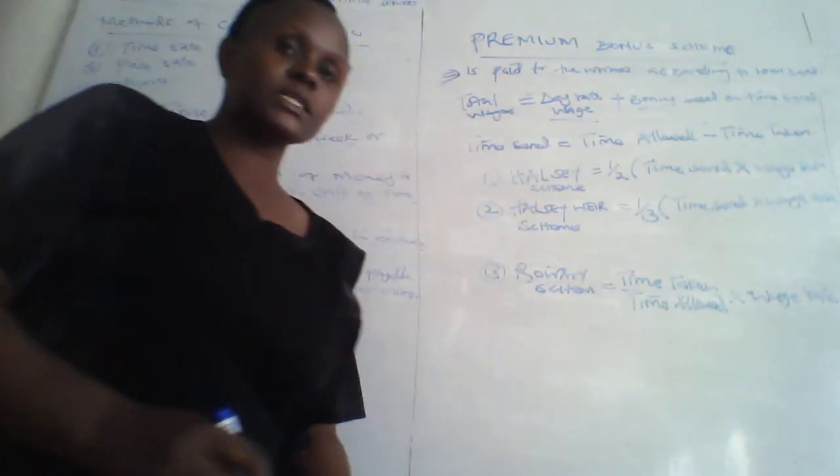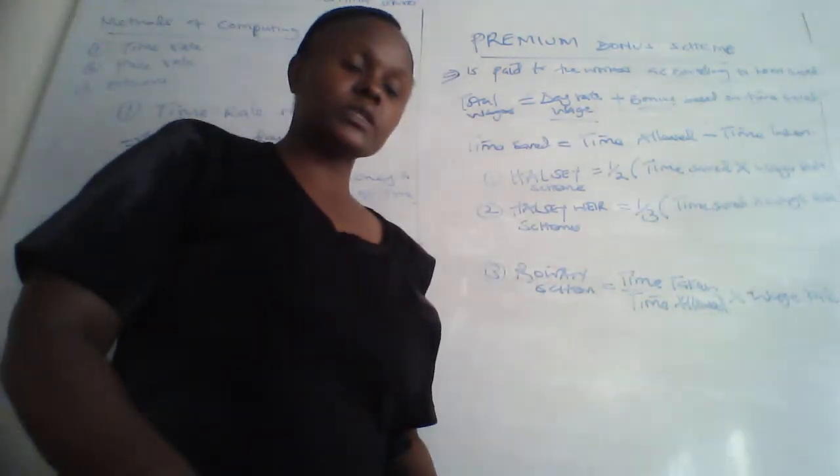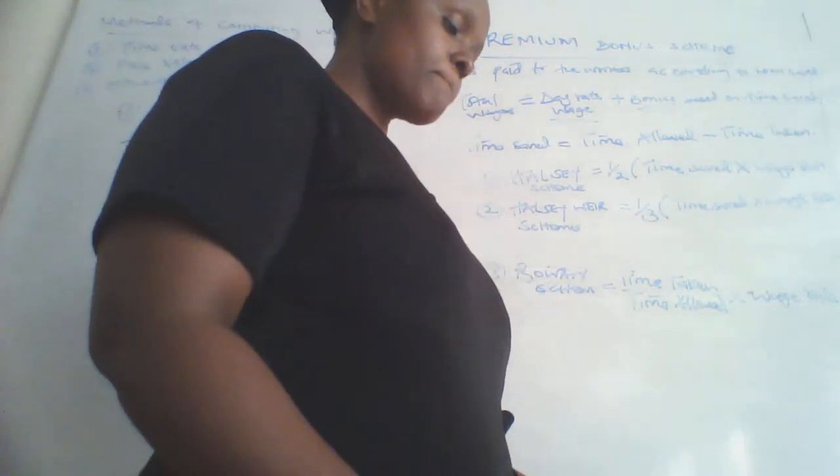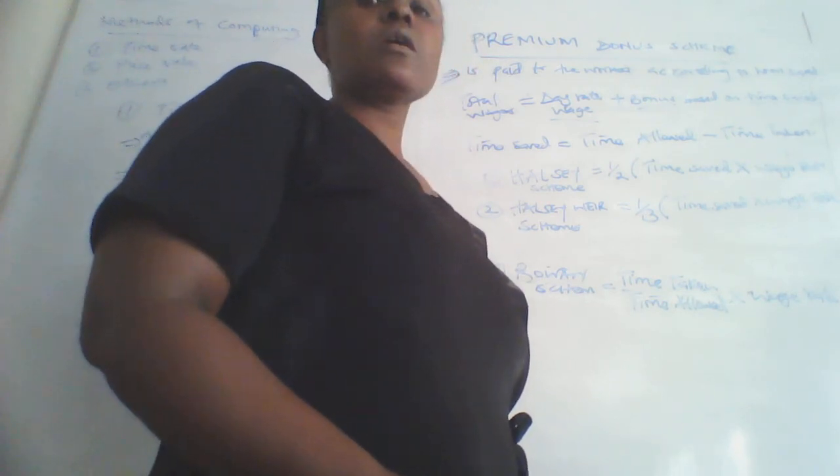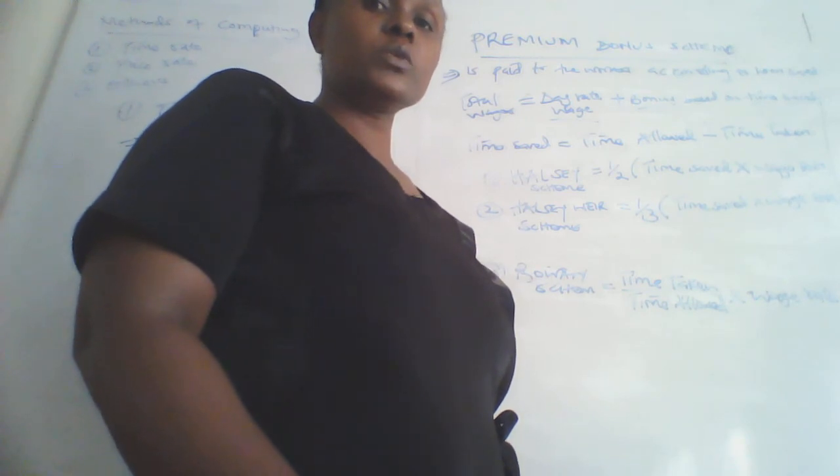Those are the formulas which they use to calculate the premium bonuses for each employee. So it depends on the time which you saved when you are doing your job.